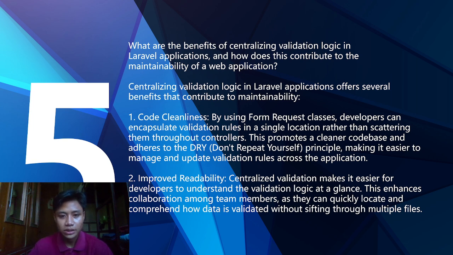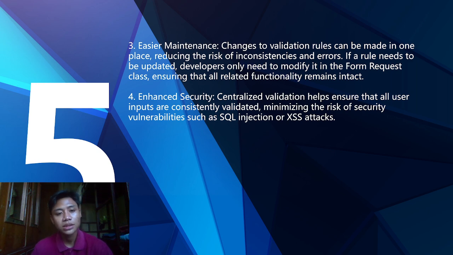Number 3 is easier maintenance. Changes to validation rules can be made in one place, reducing the risk of inconsistencies and errors. If a rule needs to be updated, developers only need to modify it in the form request class, ensuring that all related functionality remains intact.